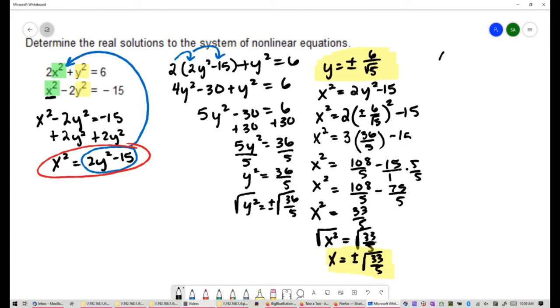So let's write those ordered pairs. We have a positive square root of 33 over 5, and we'll do a positive 6 over square root of 5. This square root symbol, I drew it incorrectly. The square root should be over the whole fraction. So let me fix that.